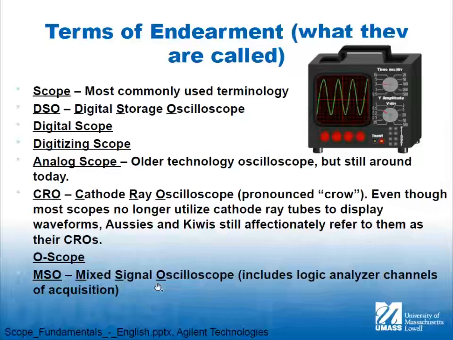And we might even call it a mixed signal oscilloscope, but we're not going to talk about that for at least half an hour tonight. And in the old days, that was a cathode ray tube. I have one downstairs, the old-fashioned cathode ray oscilloscope. I was going to bring it up here to show you, but it's way too heavy to carry, so I left it down there.